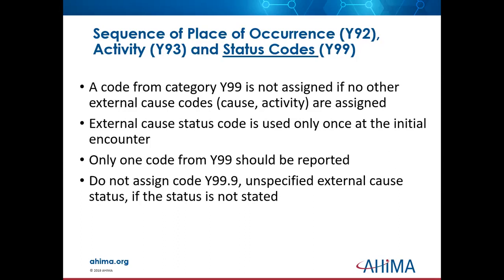These external cause status codes are only used once at the initial encounter. Only one status. So if you have a student who's working and going to school, as many of you do, you can't have more than one. You pick only one. And as we saw with place and activity, we don't use the unspecified external cause status.